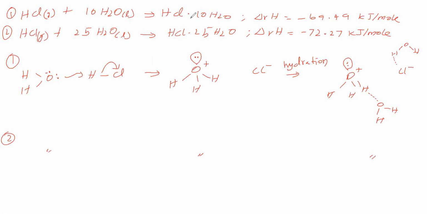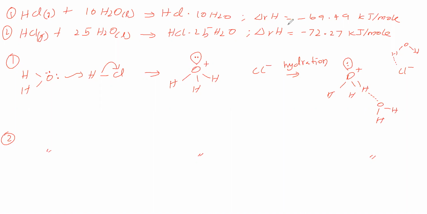Then why is the net amount of heat involved 69.49 in the first case but 72.27 in the second case? In the second case the net heat involved is exothermic, more exothermic. In the first case it is exothermic, but a lesser amount.